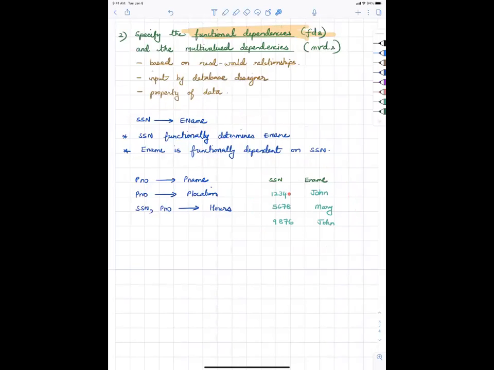Because I do have 1, 2, 3, 4 and John, and 9, 8, so I have John appearing twice. My question to you is, given this, is this a valid table? Yeah, I think it is.